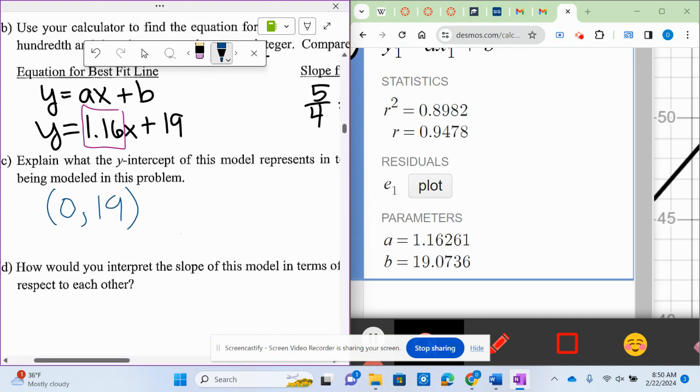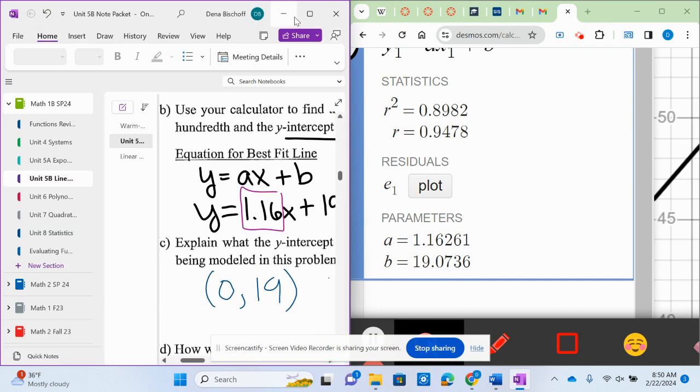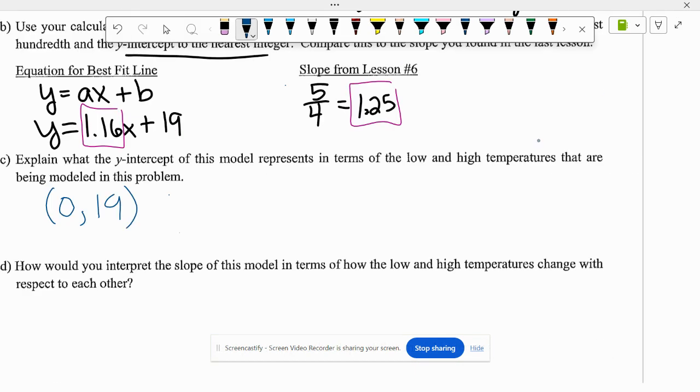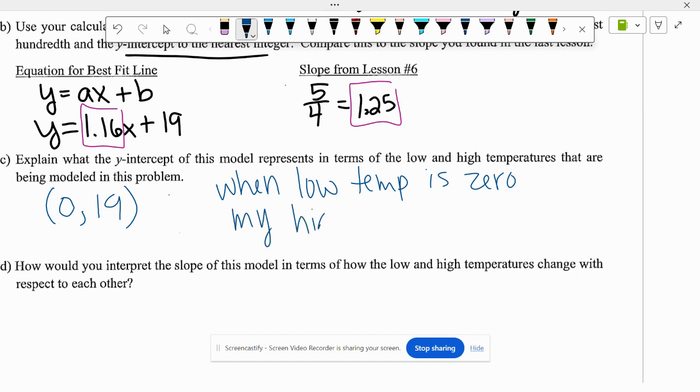So when the low temp is 0, my high temp is 19.